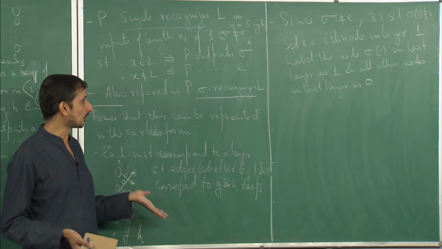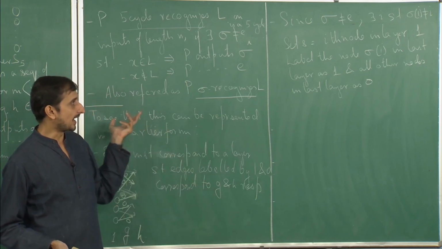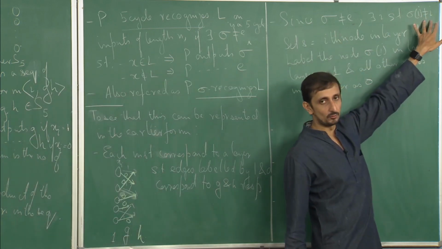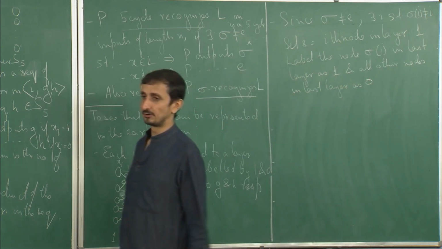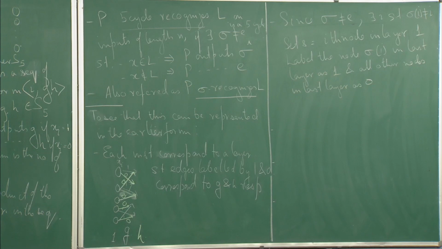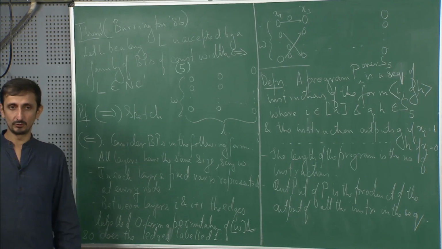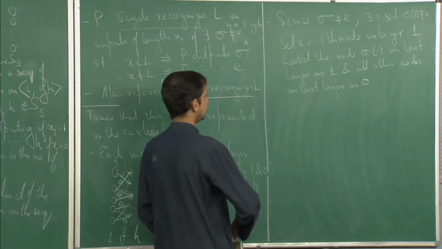On the other hand, if x is not in L, then the product would correspond to the identity permutation, and we know that sigma i is not equal to i, which means that it goes to some node that is labeled 0. Okay. So, it's not an equivalence as such, but at least it shows that any program in this form can be converted to a program in this permutation branching program. The other direction actually can be worked out, but we do not need it for this proof.